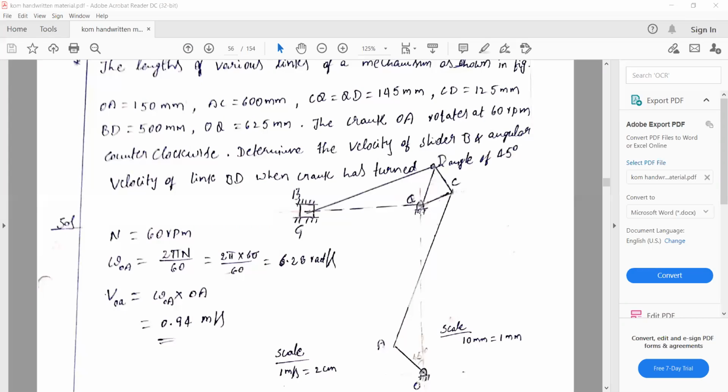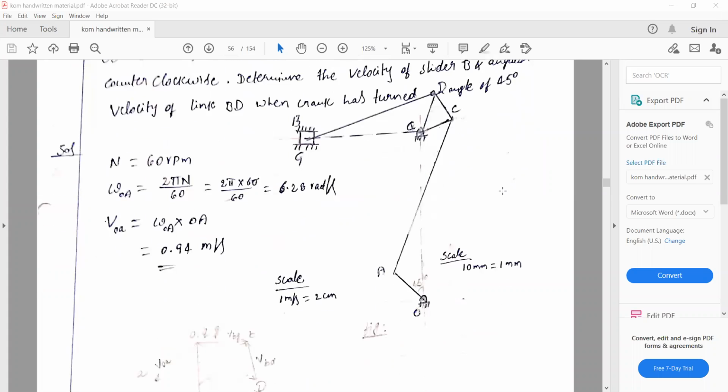OQ is 625 mm. The crank OA rotates at 60 rpm counterclockwise. Determine the velocity of slider B and angular velocity of link BD when the crank has turned at an angle of 45 degrees.